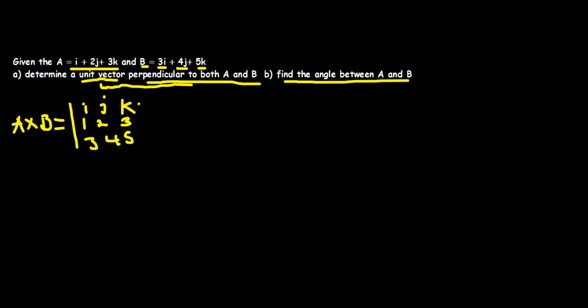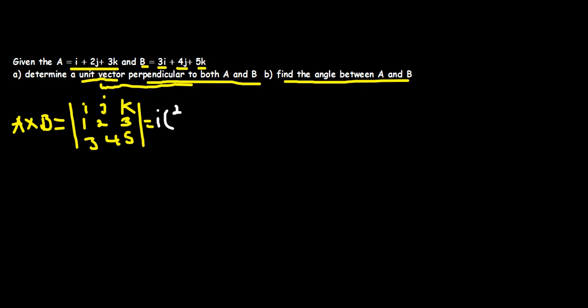So this is our 3 by 3 matrix, and from this 3 by 3 matrix we can come up with our cross product.